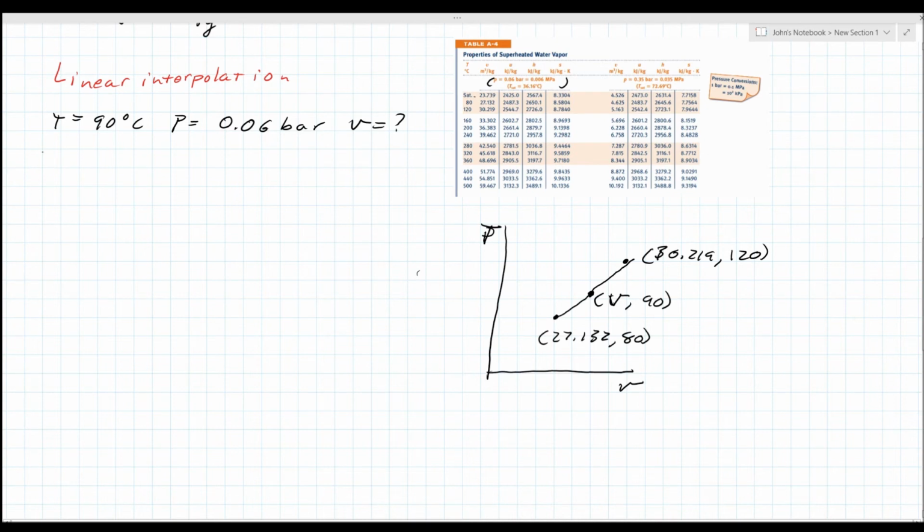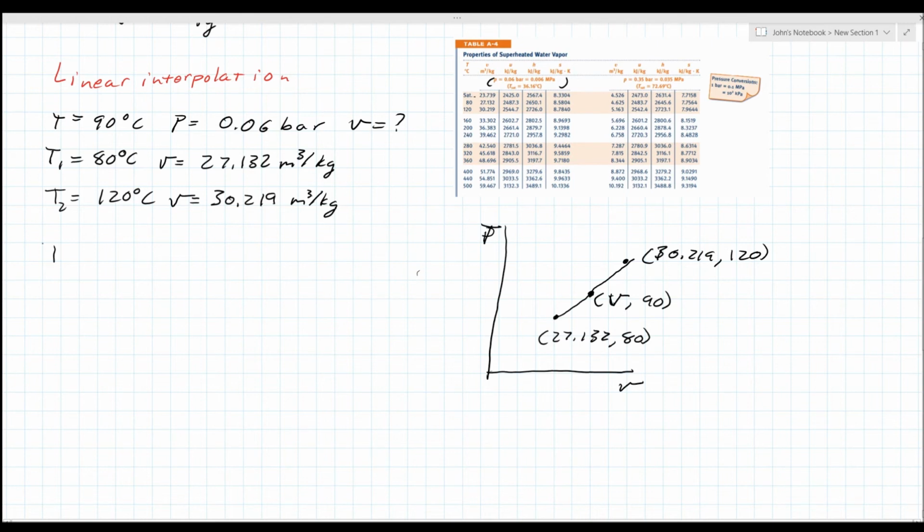So, for this example, we shall use this equation. You have T1 equal to 80 degrees Celsius, and my specific volume is 27.132 meters cubed per kilogram. For T2, I am at 120 degrees Celsius, and my specific volume is 30.219 meters cubed per kilogram.